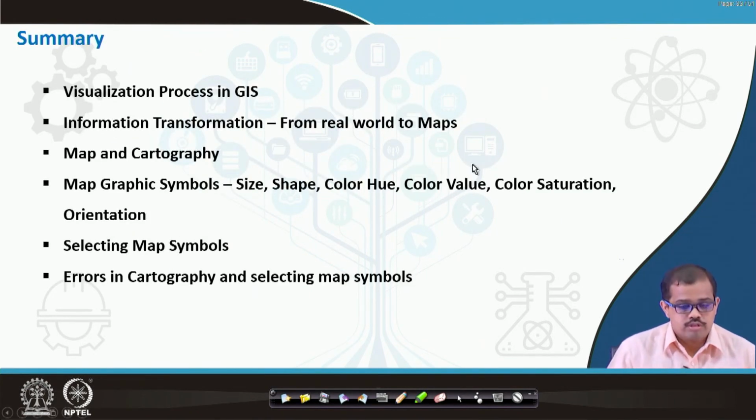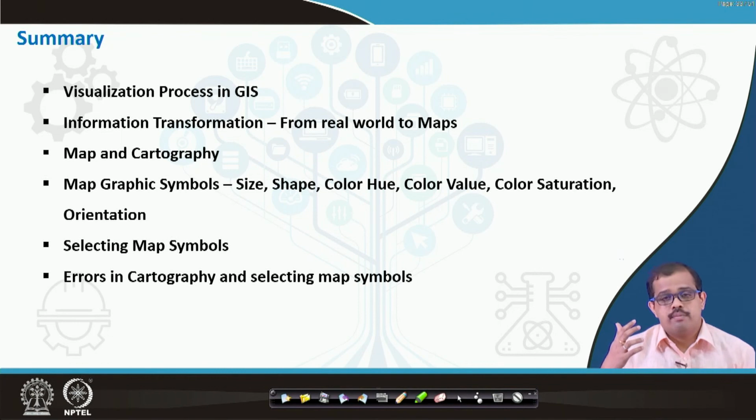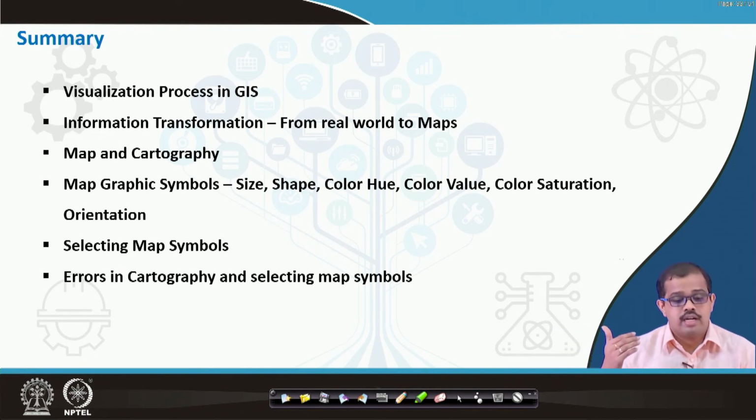Okay, to summarize today's class, we have looked at what we mean by the visualization process in GIS, to create visually more sensitive information that can be delivered to the user. Information transformation from the real world to maps: how do we convert it from real world to maps? We looked at cartographic symbols, graphic symbols like size, shape, color hue, color value, color saturation and orientation.